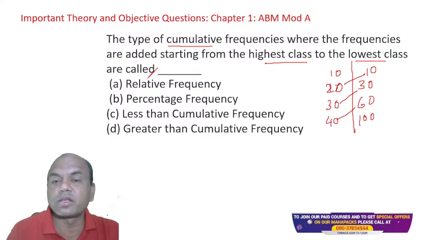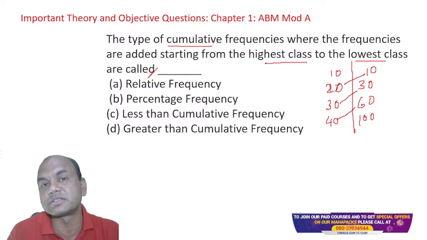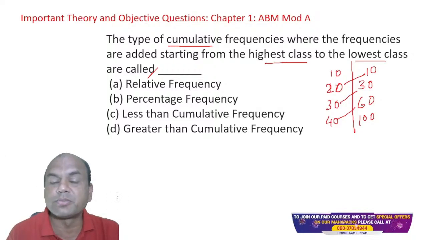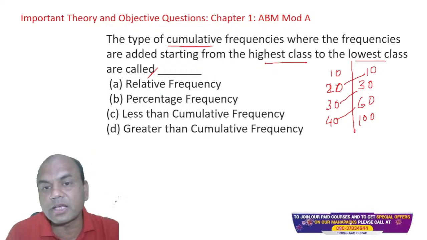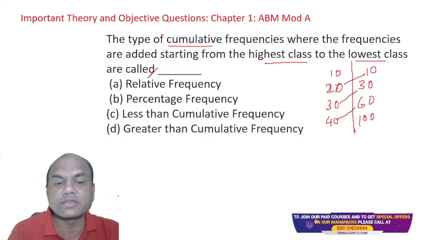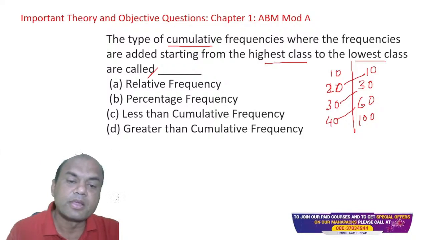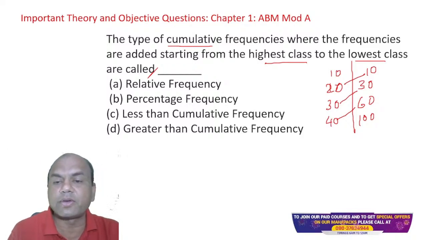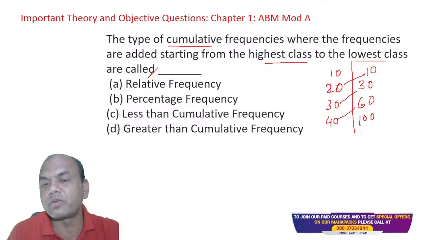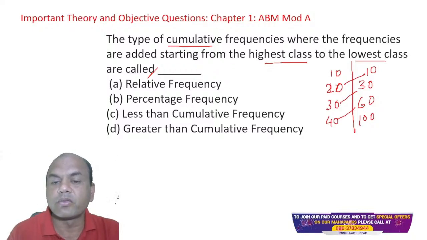The question over here is when the frequencies are added from the highest class to the lowest class. Highest to the lowest means what? What do you mean by the class? Suppose I have these numbers only, 10, 20, 30, 40. Now what will I do? I'll divide these numbers into classes.